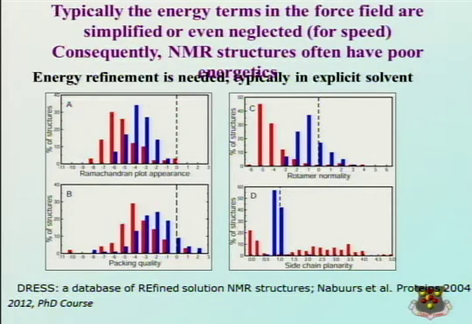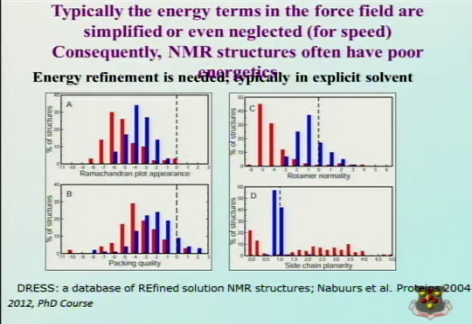So you see that the content of the PDB database in terms of NMR structures as of 2004 was as much as 5-6 standard deviations worse than what was available in the database for high quality X-ray structures.